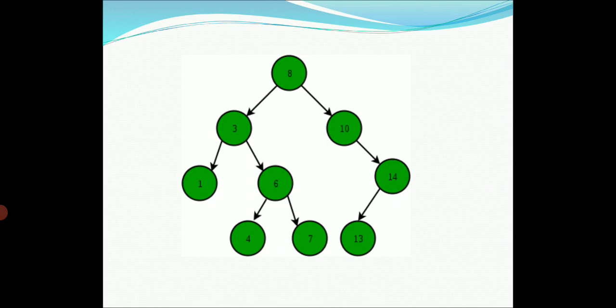So 8 is the root node. The left subtree has numbers like 3, 1, 6, 4 and 7. The right subtree has node values 10, 14 and 13.